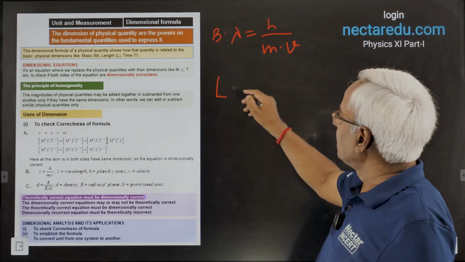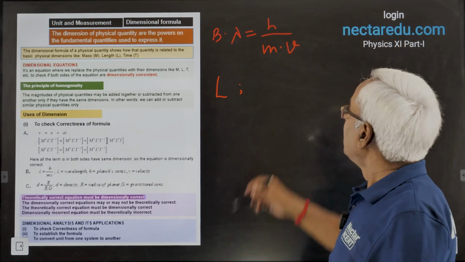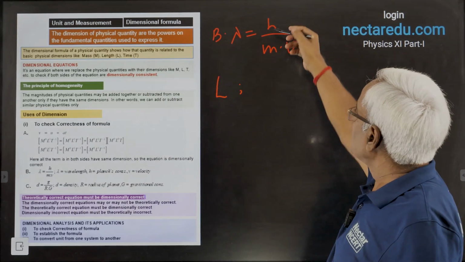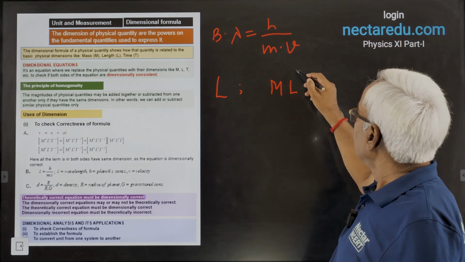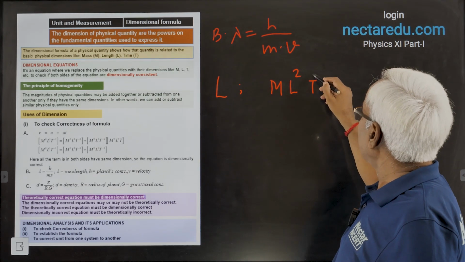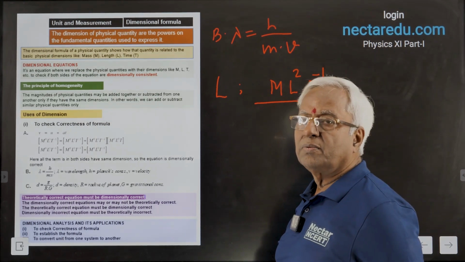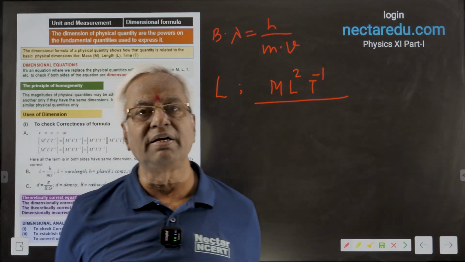Lambda is wavelength, and length is always L. H is Planck's constant, which has dimension m L2 t minus 1, the dimension of angular momentum.